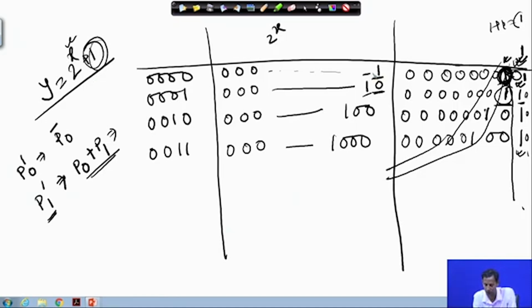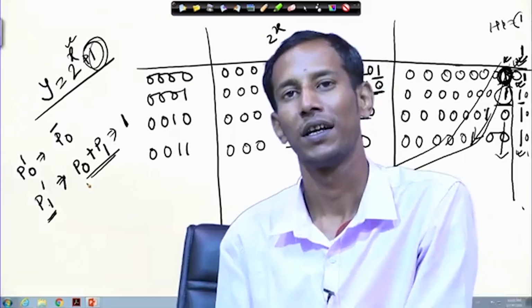For this, if this was 0 plus 1, in the modified case P1 will be 1. For this, what was the value? 0 and 1. In this case, this is 1, this is 1. In the other case, it was 0 plus 0. So, in all other cases it will be 0. And for the rest of the cases, as this carry does not affect the third bit, it will remain the same. Only in the last 2 bit positions this 1 will have an effect, and that will be the change which I need.